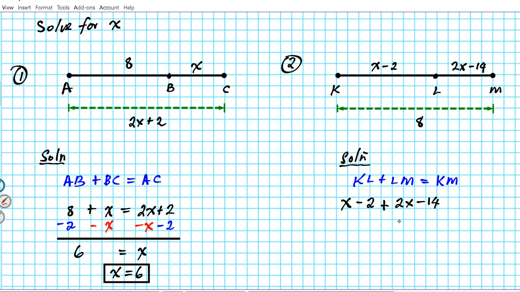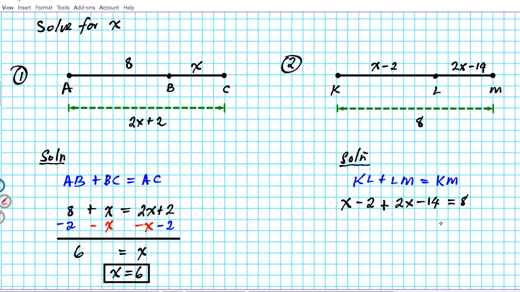When you're adding, you don't have to put a parenthesis there because the signs do not change. But if this were a minus, then you have to put a parenthesis here. And then KM is the entire thing, which is 8 units long. So this geometric postulate has resulted in an algebraic equation that we can solve using properties of equality.